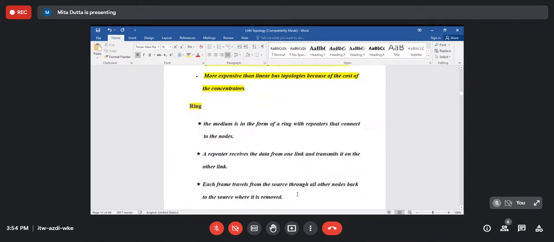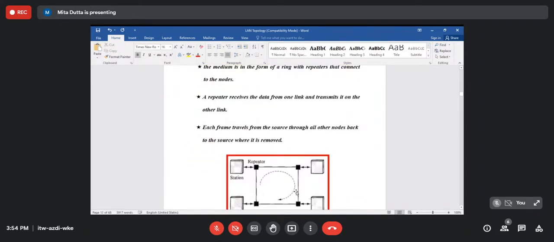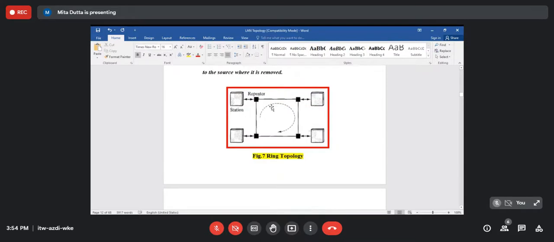Now then we have a ring. Here it is in the form of a ring, because all the stations are in a closed loop, and we have a repeater to connect each station to the ring.